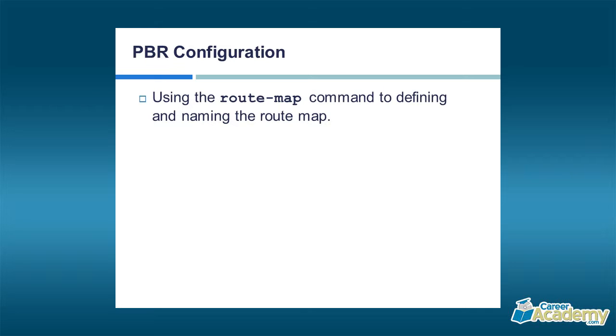We can also specify which interface the route map will be attached to by using the ip policy route-map interface configuration command. And remember that PBR is always applied to incoming traffic, the packets that are coming into the router, not the ones that are going out.